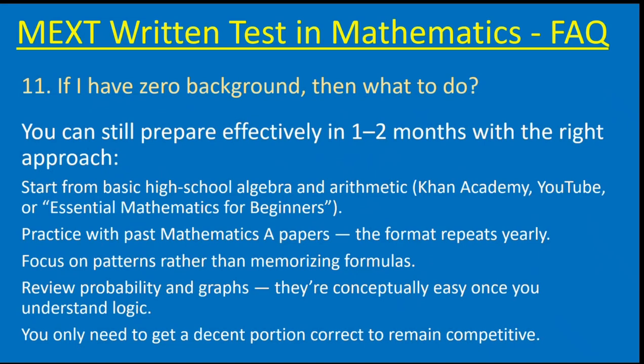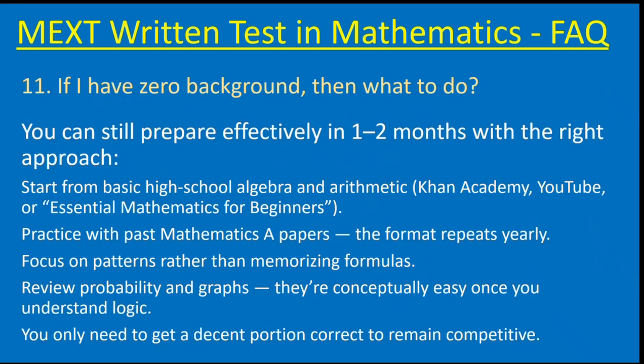To leave mathematics, they choose humanities and social science. So for all those students, if you are interested in Japan undergraduate, then there is no way out. Your nightmare is again going to haunt you at least for a few months, but do not panic. You can still prepare effectively in 1 to 2 months with the right approach.